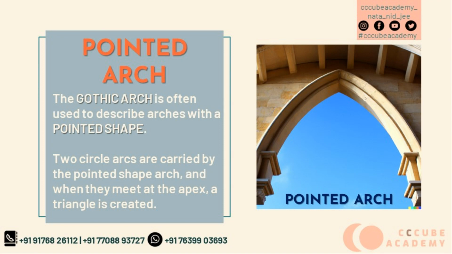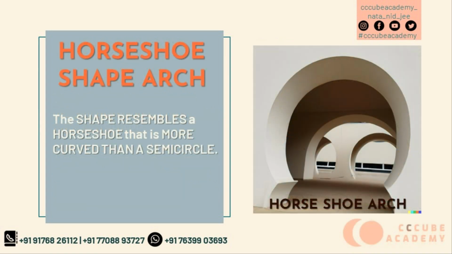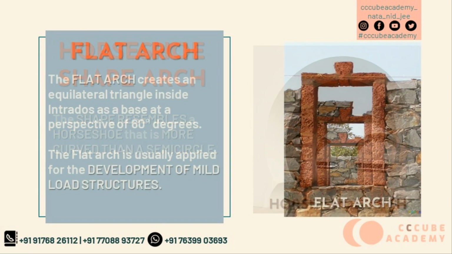This arch, also known as the Gothic arch, is often used to describe arches with a pointed shape. Two circle arcs are carried by the pointed arch, and when they meet at the apex, a triangle is created. Horseshoe arch. The shape resembles a horseshoe that is more curved than a semicircle.